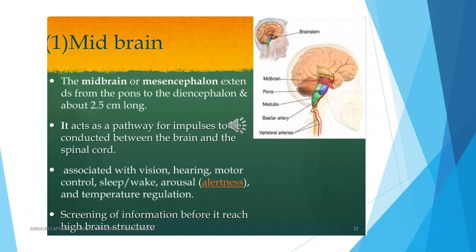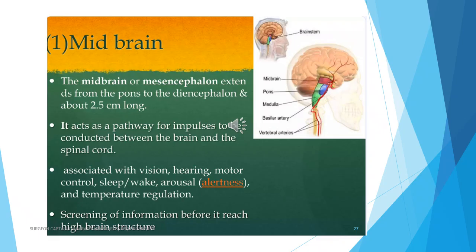Anteriorly are the cerebral peduncles, the motor pathway from cortex to spinal cord, then posteriorly the tectum, which contains the superior and inferior colliculi. The central core is the tegmentum, which houses the red nucleus, substantia nigra, and reticular formation. Cranial nerve 3, oculomotor, and cranial nerve 4, trochlear, emerge here.